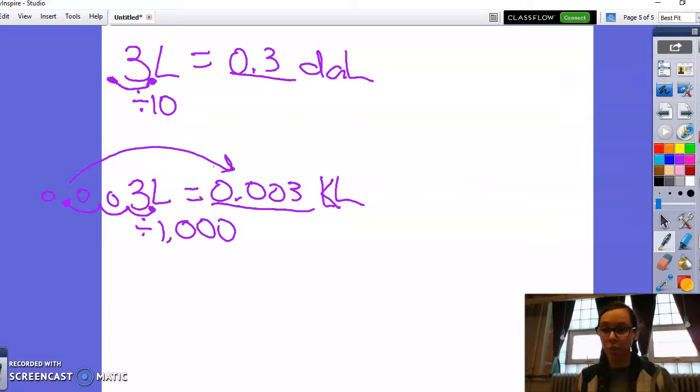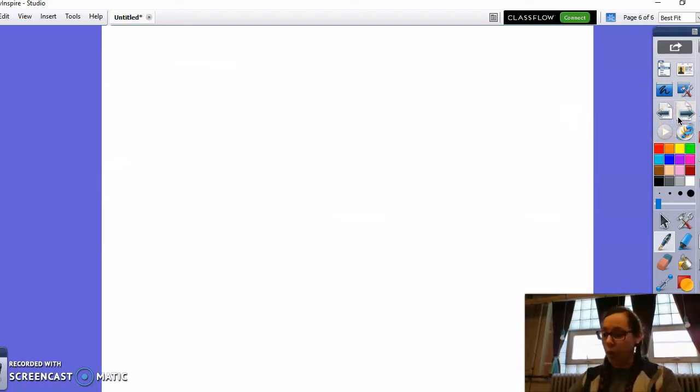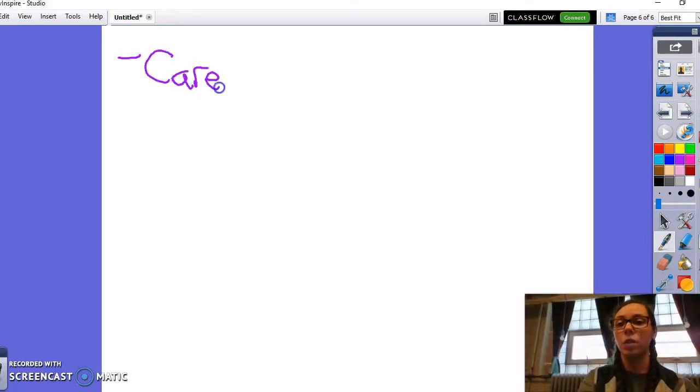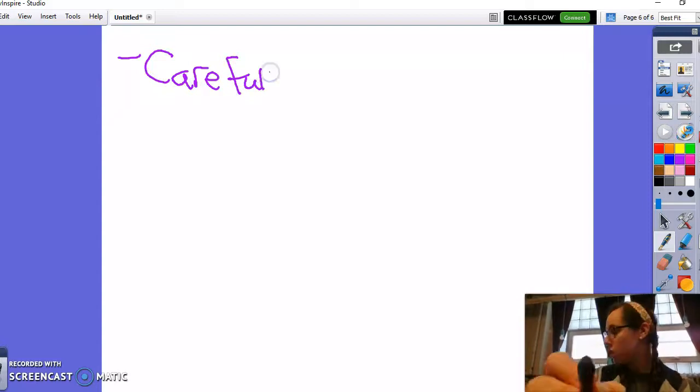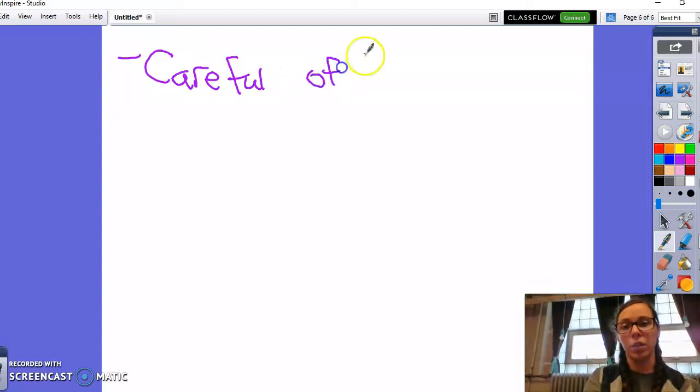Okay, so use this chart. Make sure that you keep this handy because it'll be very helpful for you as you're doing your homework today. Okay, I do want to make just one more note really quick before we get out of our notebooks here. And it has to do with what we just talked about. Be careful of numbers with decimals.